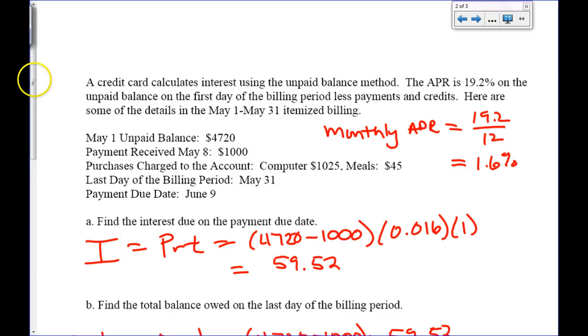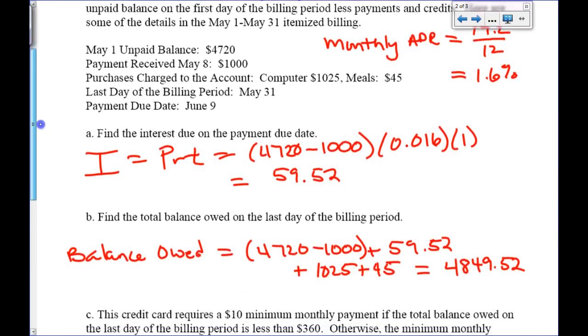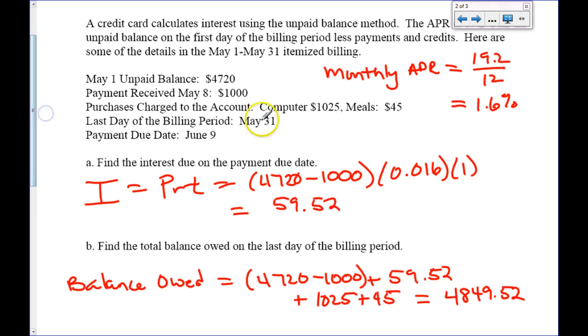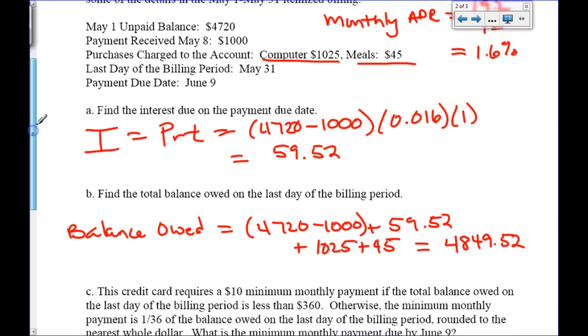All right, so if I scroll down, I want to find out what my balance owed on the last day of the billing period. So I take the total of the beginning minus my deposit. I'm going to add the interest that I accrued, and notice that I bought a computer and some meals with that. So I need to add that into it.